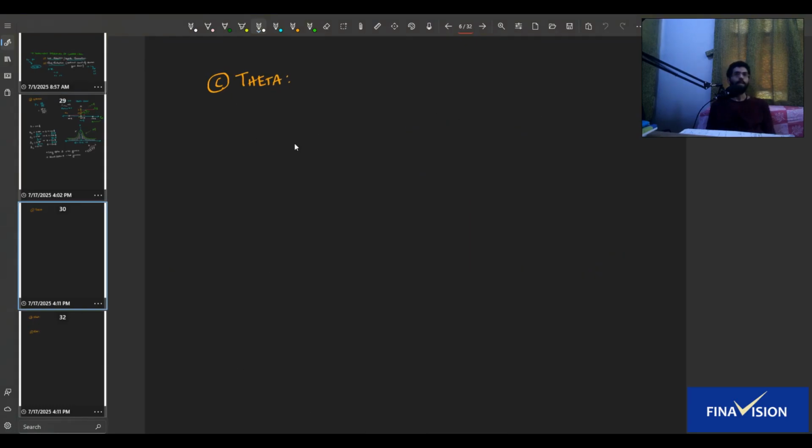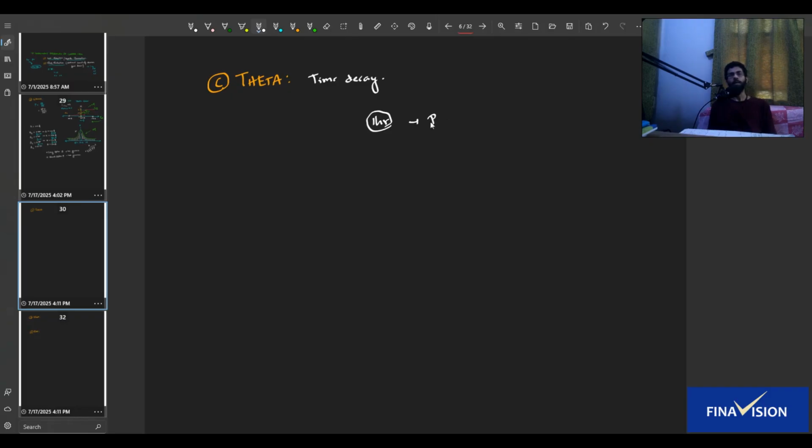So theta is also known as time decay. Now what do we mean by time decay, friends? Now an option has 1 hour to expire. What are the probabilities that its moneyness is going to change? Nearly 0, right?